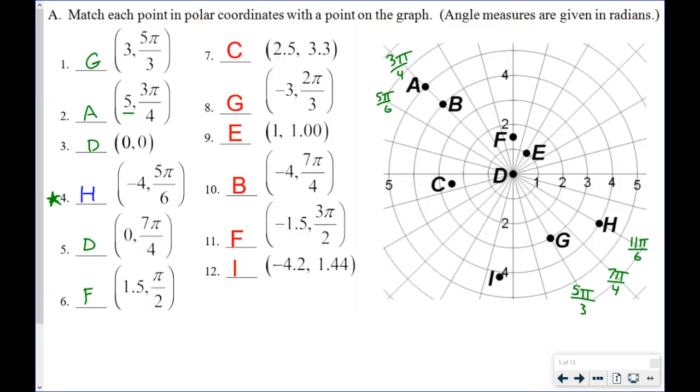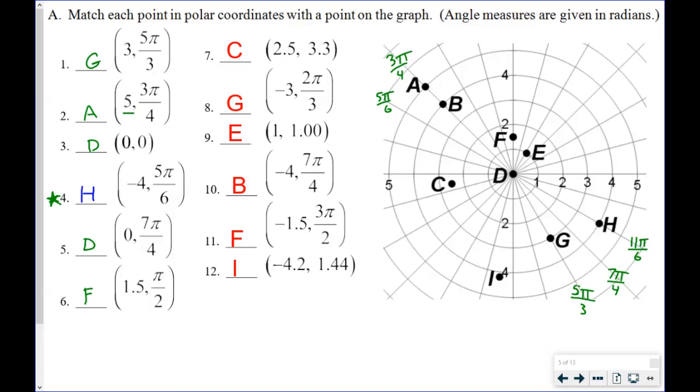Okay. I have the solutions up on the board. Guess I could have gone through them one by one, but 7. All right, this one's tricky, only because there's a decimal value for radians, but think about it. All right, 3.3, that's the angle measure. 3.3 radians. Well, we know pi is 3.14, which means 3.3 is going to be a little bit past pi, or a little bit past the negative x-axis.